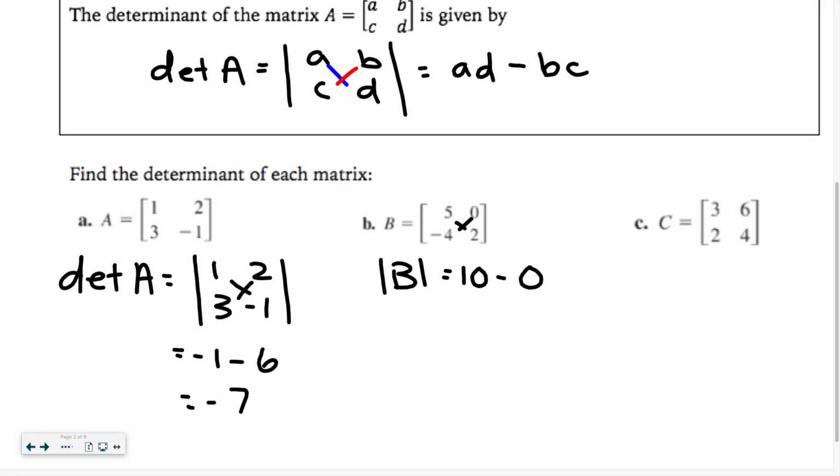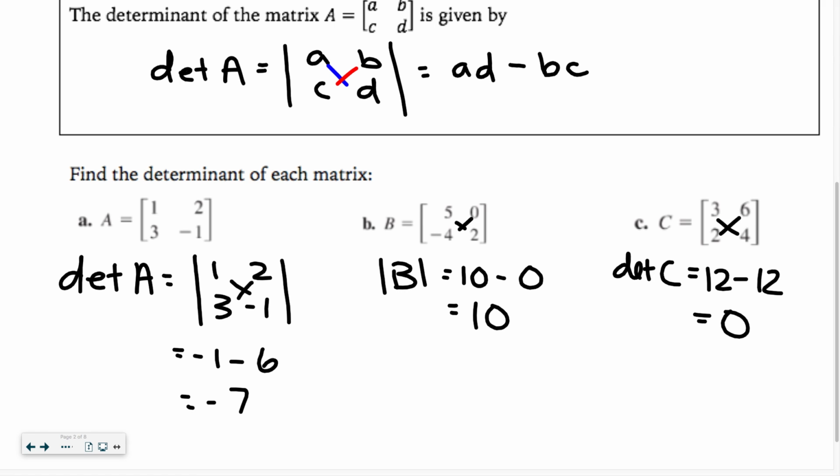It's easy to convince ourselves otherwise when we're doing this multiplication. So determinant of B is 10. And on the last one, let's do DET C, determinant C is 12 minus 12, which is 0.